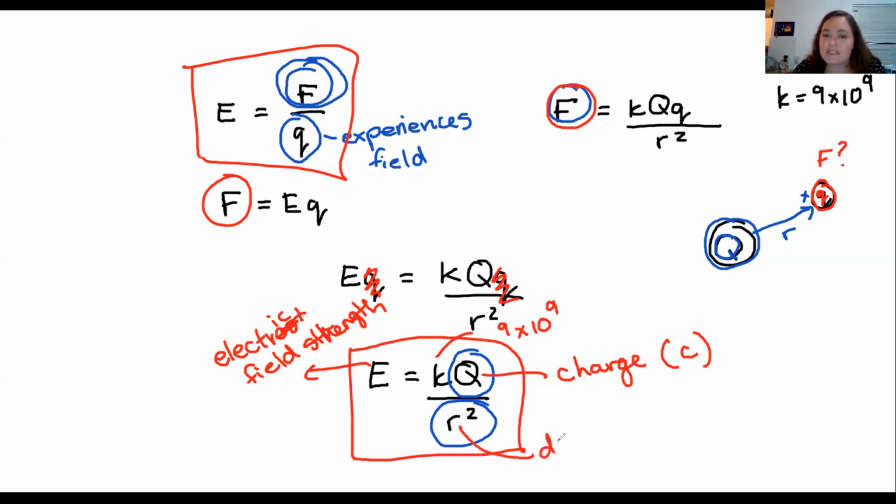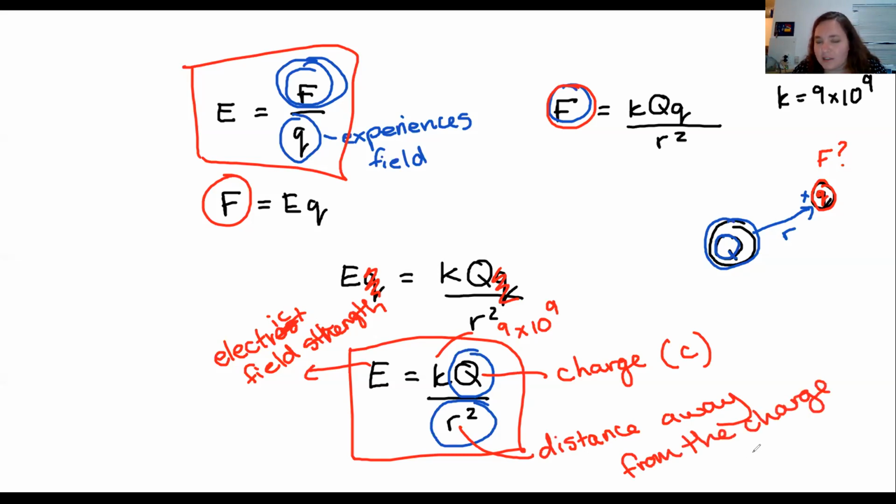And this is the distance away from the charge creating the field. Now, this is where we've got to get very particular. In order for me to work out the electric field at a point, I don't really even need a charge to be there.